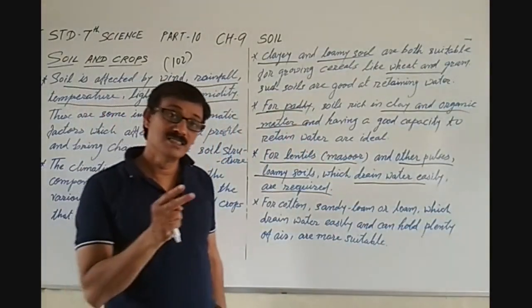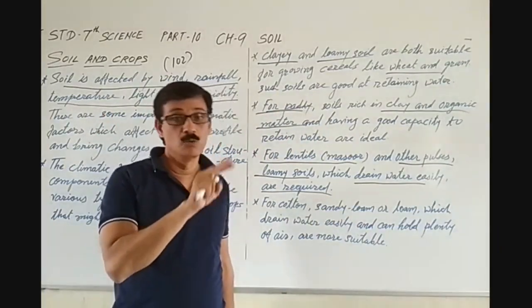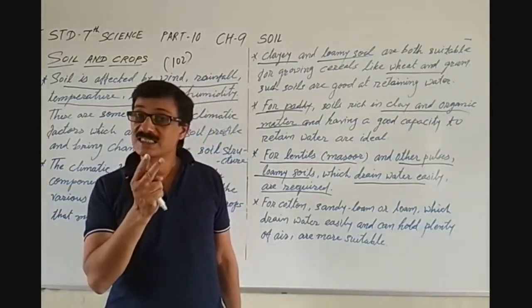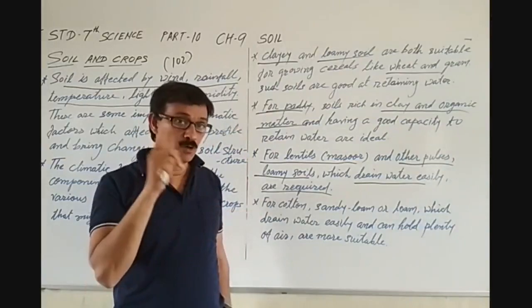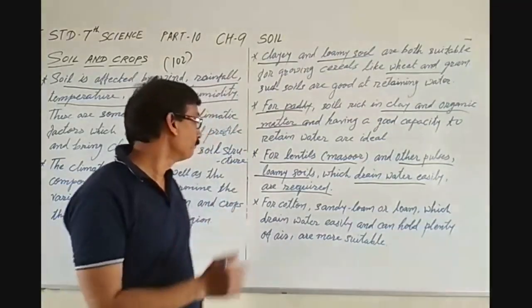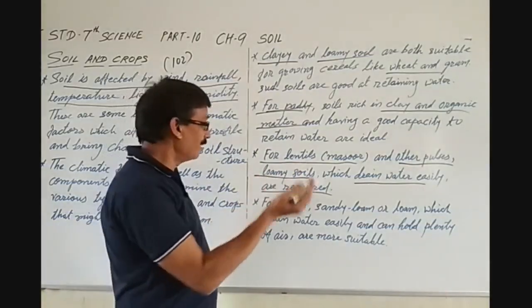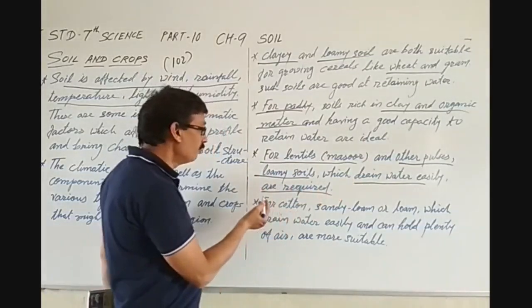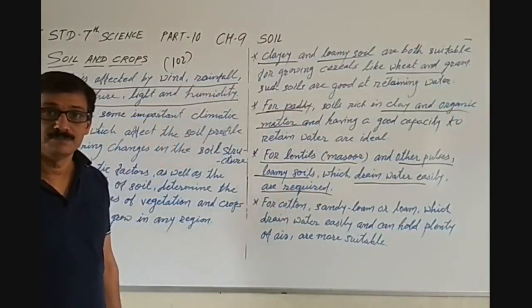We discussed what drain water and retain water mean in the last part. So if you don't know, then watch the last part once again. So for pulses and masoor, loamy soils which drain water easily are required.